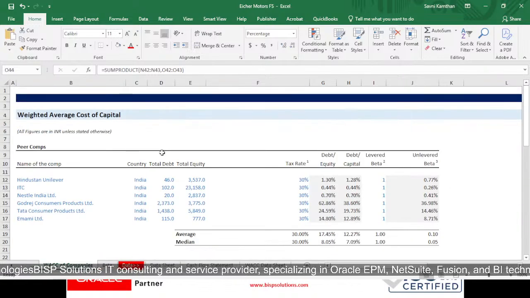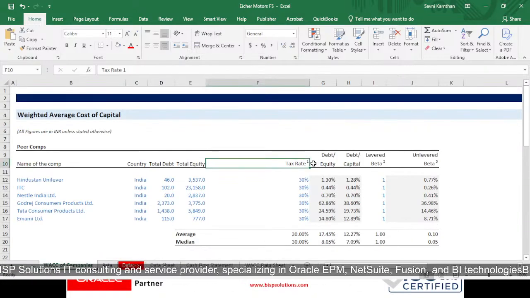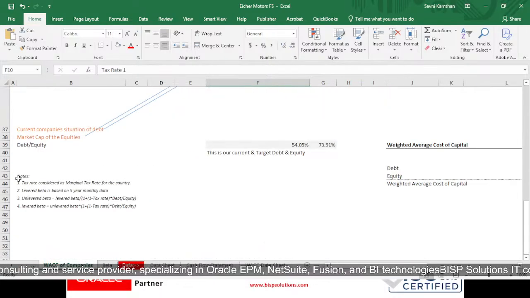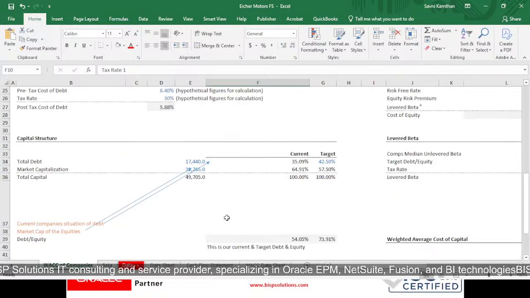So you must be wondering why I have given 1, 2, 3 with superscript. I have mentioned it over here: tax rate is considered as the marginal tax rate for the country, which was 1. Levered beta is based on 5-year monthly data, so it was 2. Unlevered beta is equal to levered beta divided by 1 plus 1 minus tax rate into debt upon equity, which is 3rd, and 4th is levered beta equals unlevered beta into 1 plus 1 minus tax rate into debt upon equity, right?